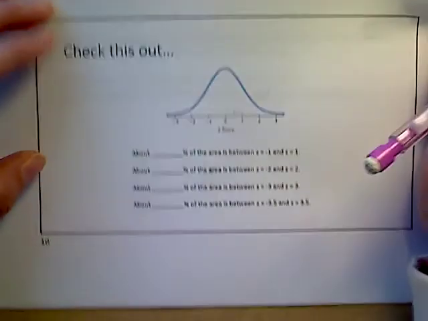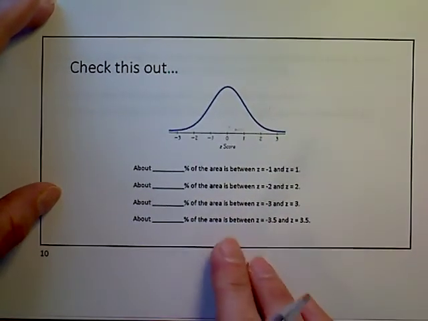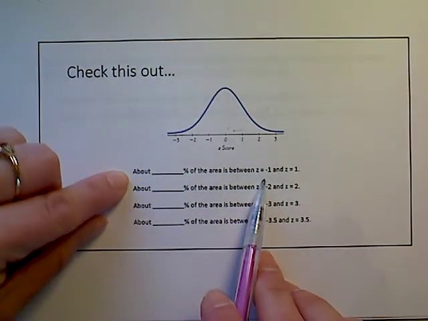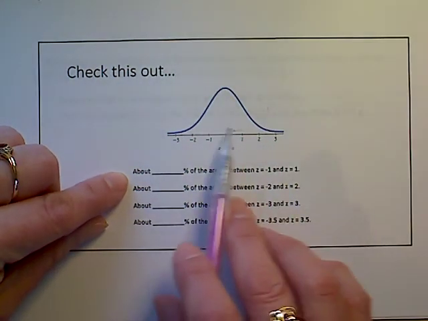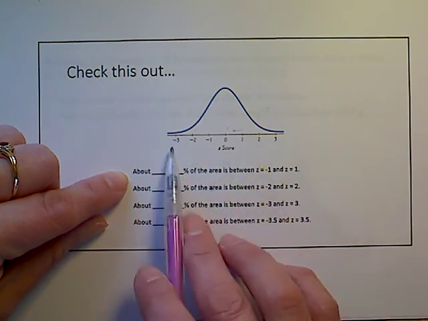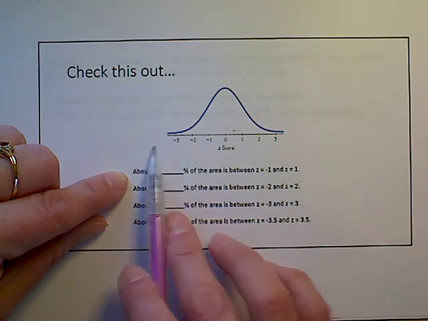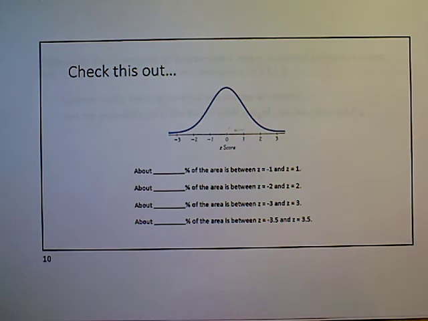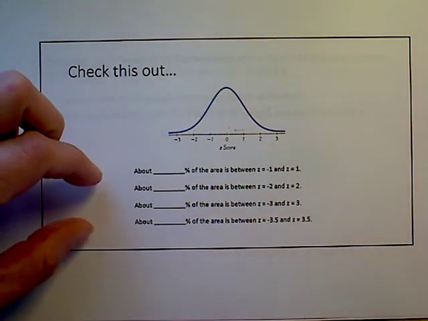This is one of the problems in the book, and what I want to show you is it's finding the area between negative 1 and 1, and between negative 2 and 2, and between negative 3 and 3, and between negative 3.5 and 3.5. What you're going to find is that it's not exactly 68% or 95% or 99.7%. Okay, it's close, but it's not exactly.